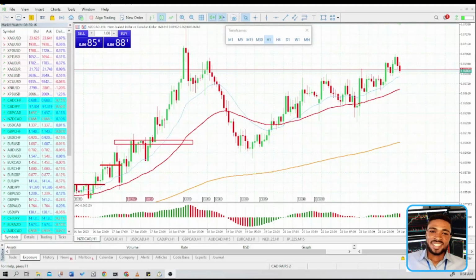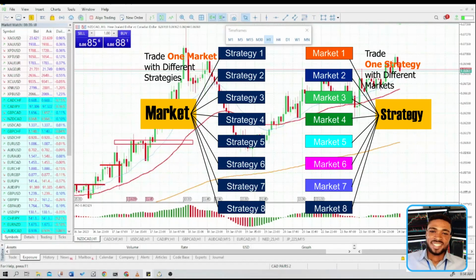To trade forex, there are 2 ways you can trade. It's either you trade 1 or 2 markets with several strategies. So for instance, you have about 5 strategies, you have about 10 strategies, and use those strategies to trade only 1 or 2 markets, specifically 1 or 2 markets. Maybe you've selected 2 markets, maybe you can say, okay, I want to trade Euro USD or Pound USD.